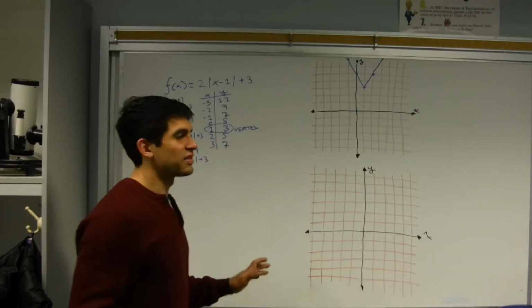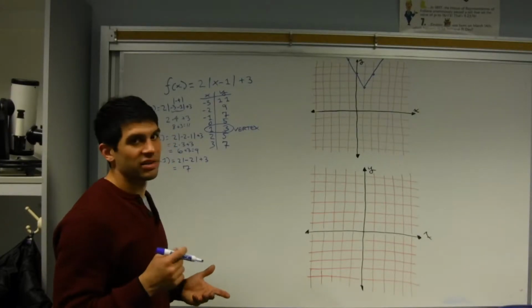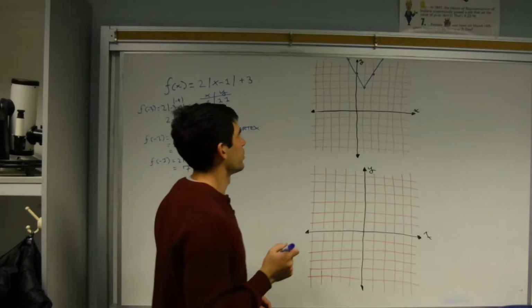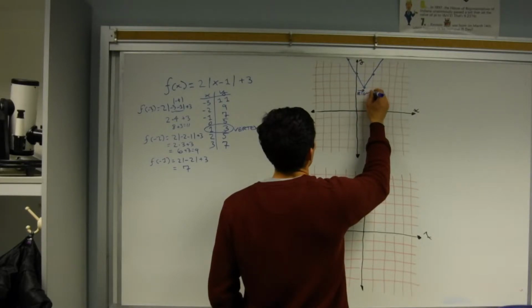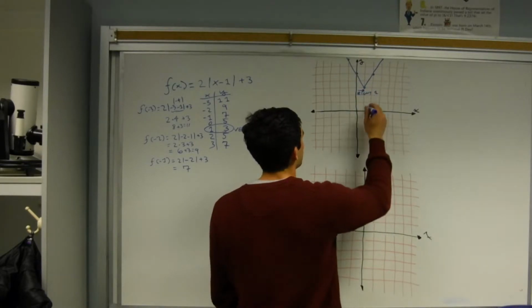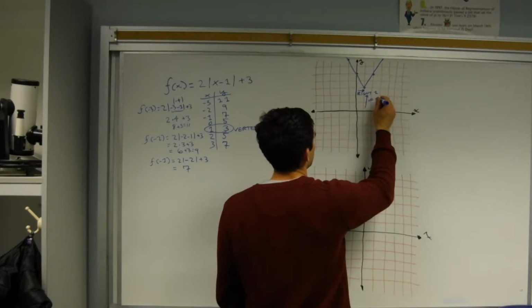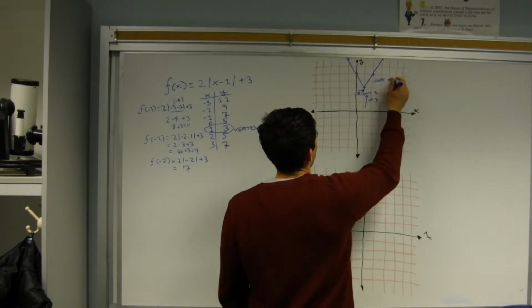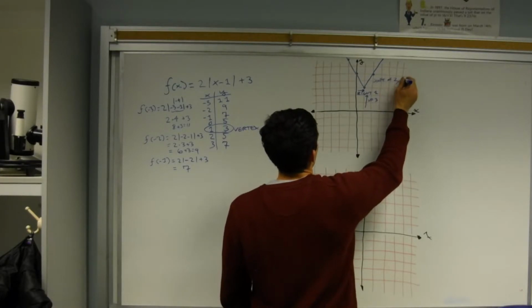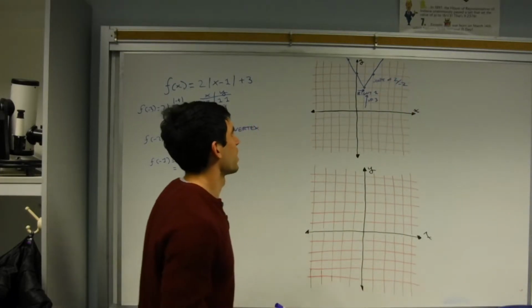So now let's analyze the characteristics of this graph. So we have a rightward shift of 1. So we go right 1. We went up 3. And then we have a slope of 2 on this side and negative 2 on the other side.